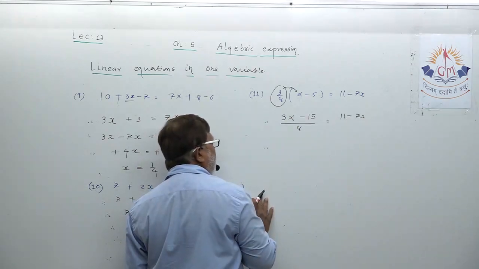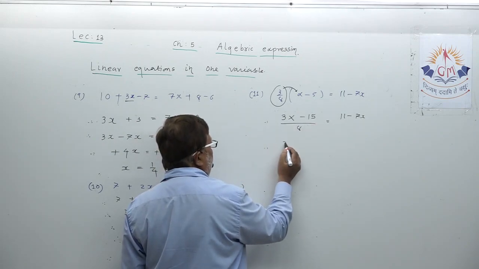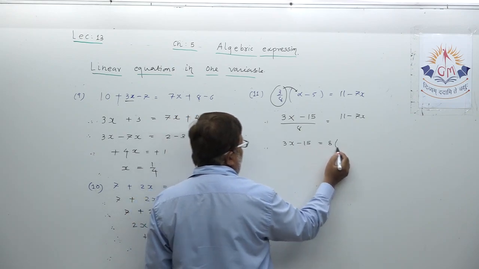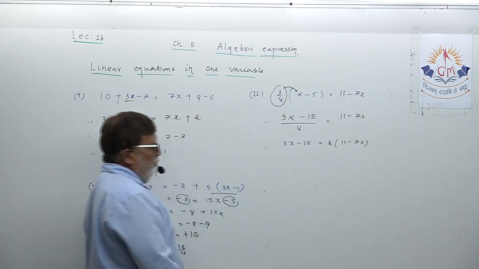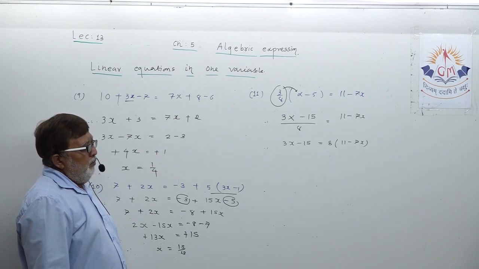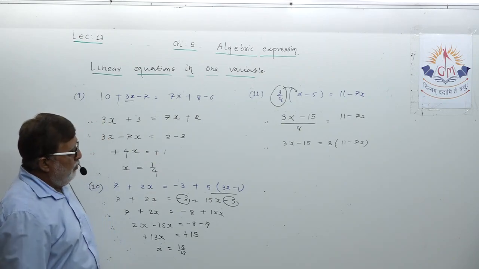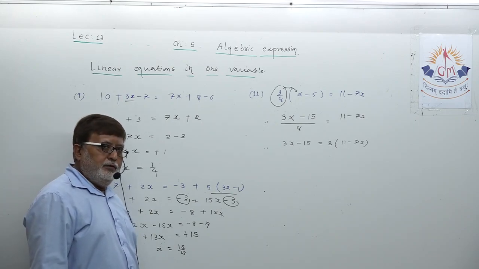Now, dear student, simple cross multiplication. 8 into 11 minus 7x. Be watchful about this step. What I have done, because whenever you come across such a situation, you have to target this way only.